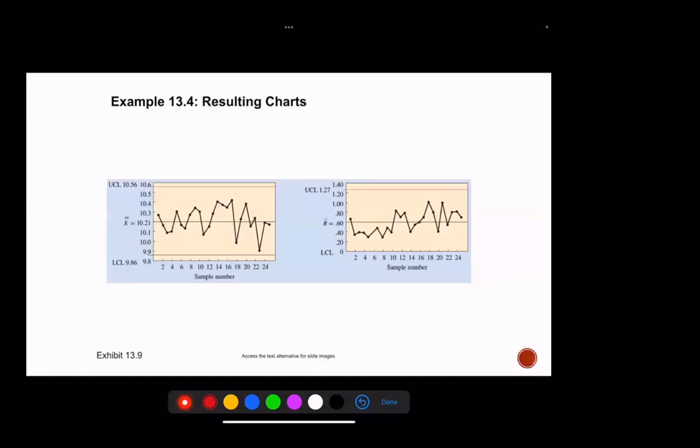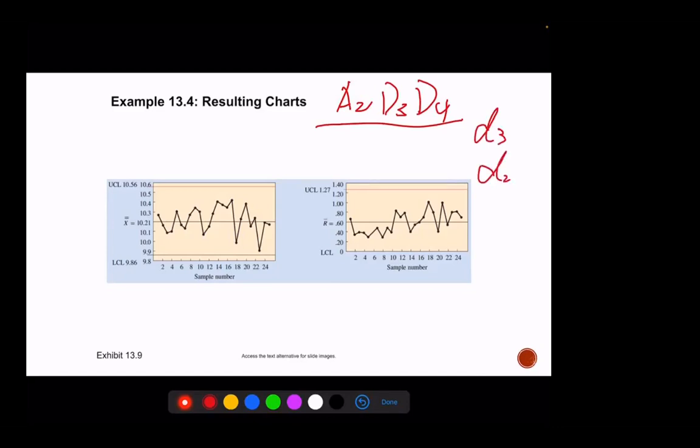Another thing I want to introduce, which is not for the test, is why we use this table to decide A2, D3, D4. Why do we use those numbers? Because we also have small d3 and small d2. Why don't we use those numbers?